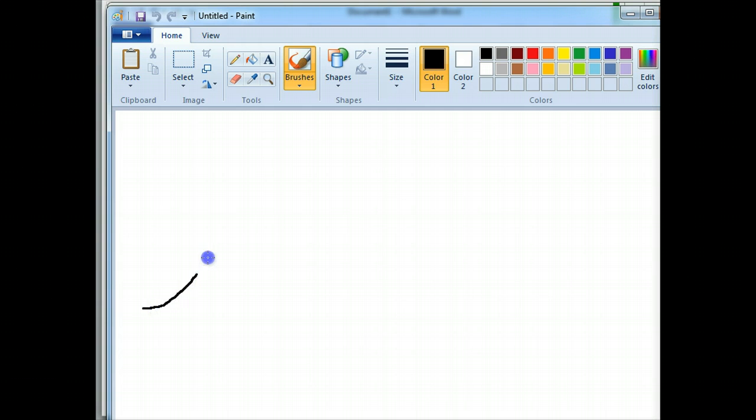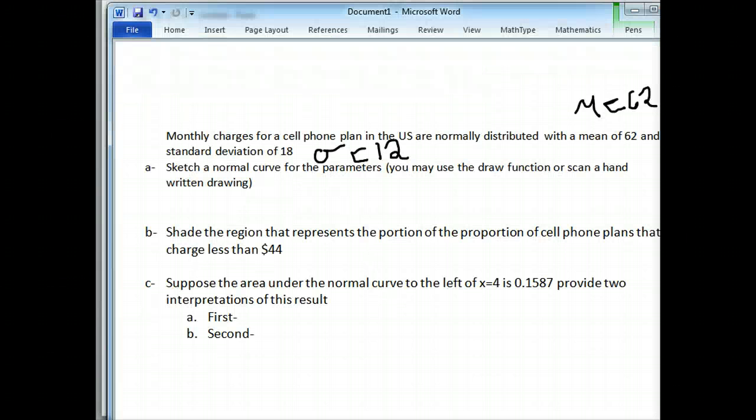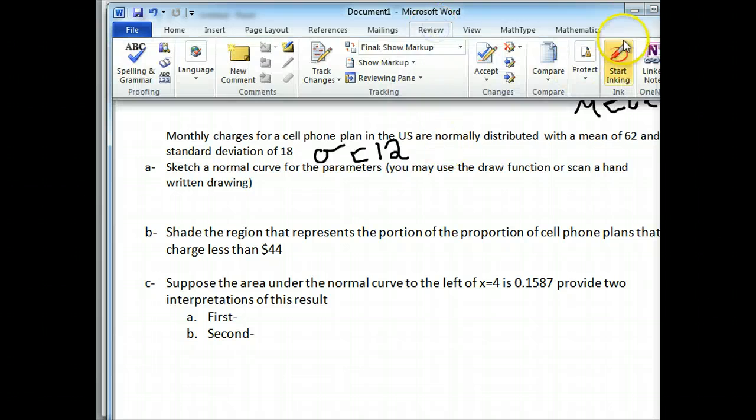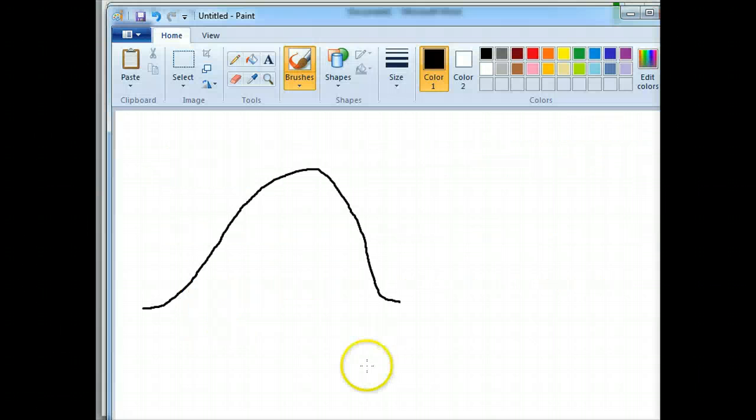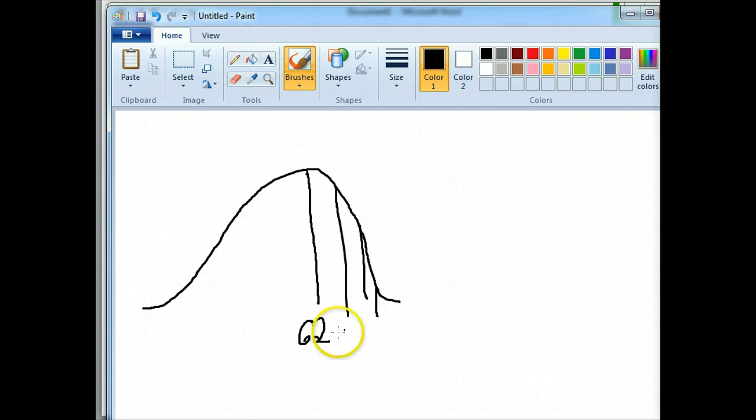Now remember, I'm going to go back and look, I think the mean was 62, and the standard deviation was, oops, 18. So the mean, or the center data point, is 62. Now we usually draw 3 standard deviations. So 1, 2, 3.